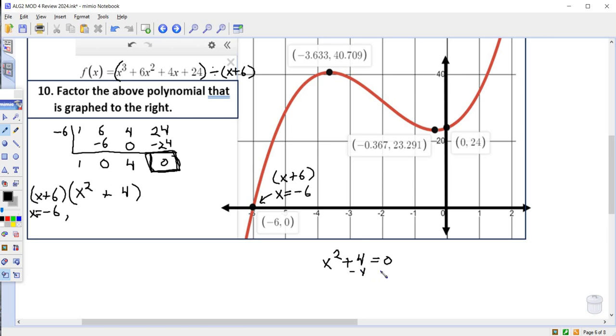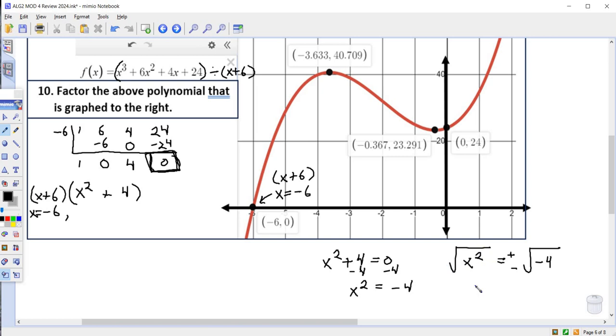Subtract 4 from each side of the equation, and we have x squared equals negative 4. To get rid of the x squared, I am going to take the square root of each side. Whenever you apply a square root, do not forget to do the plus and the minus.